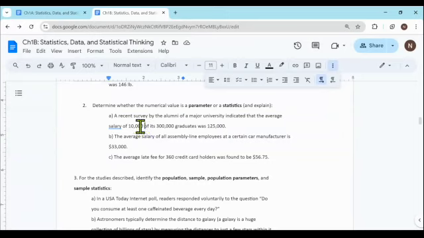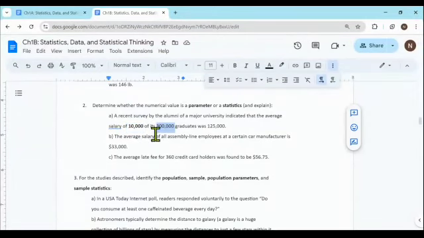Okay, which one is the keyword here? The average. What is the survey on, how many? 10,000. Is it part of the 300,000? Yes.